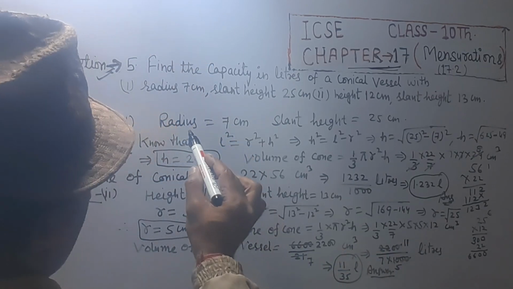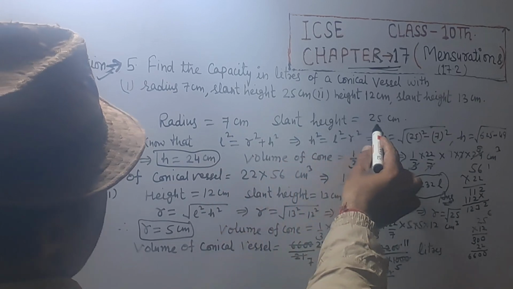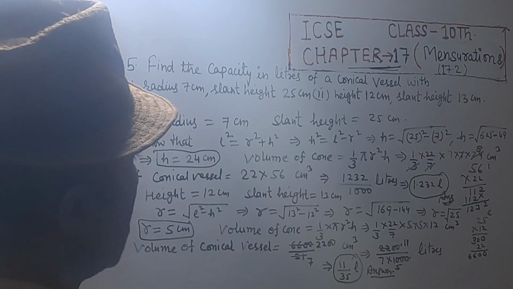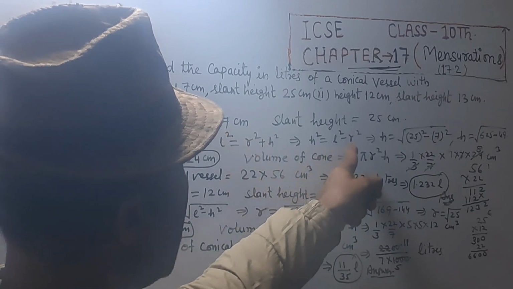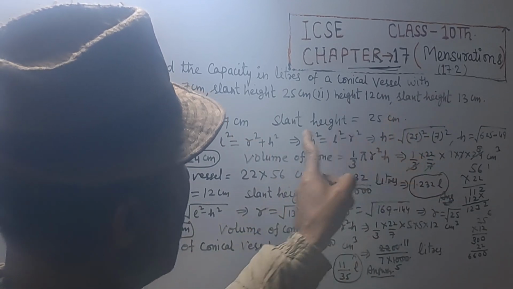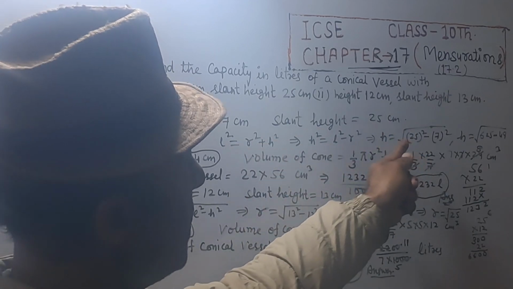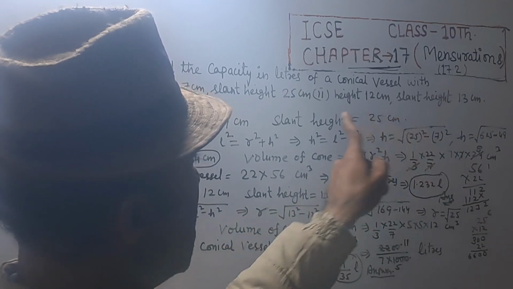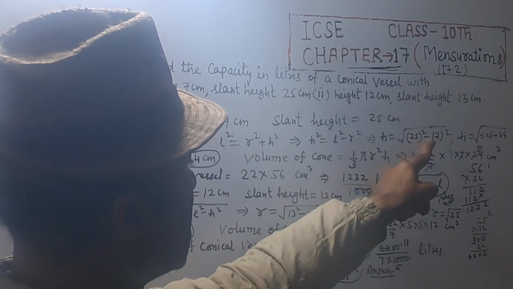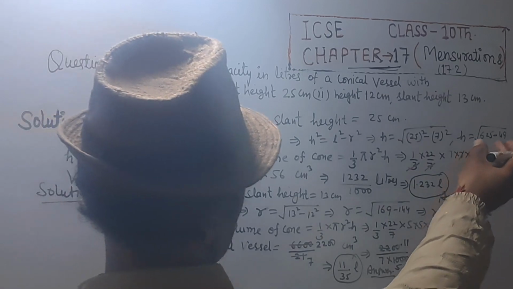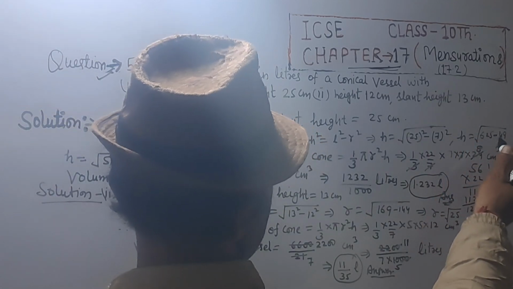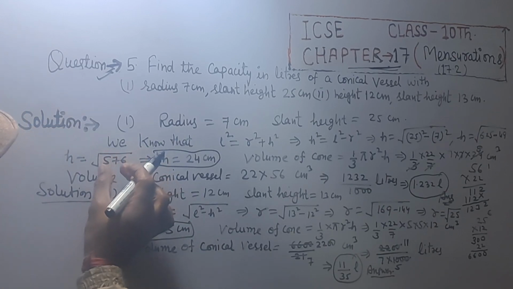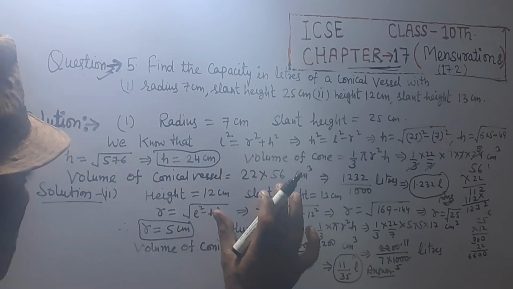Answer. Given radius is 7 centimeter and slant height is 25 centimeter, we know that L square equal to R square plus H square, and H square is equal to L square minus R square. So H is equal to under root of slant height 25 raised to power 2, that is 625, minus R, 7 raised to power 2, that is 49. 625 minus 49 is 576, and root 576 is 24 centimeter.